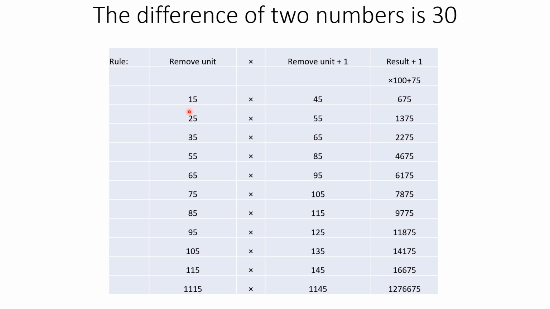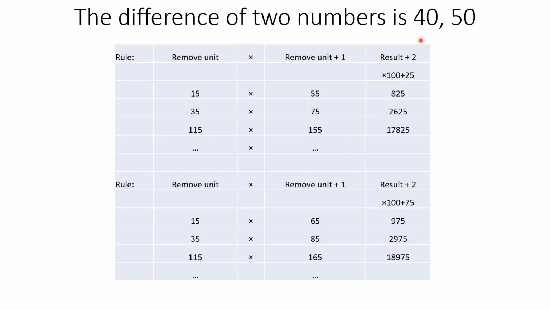Same thing here, 25 times 55, remove both 5's from the end, 2 times 5, then add 1 to the bigger number, so 2 times 6, 12, add 1, 13, end it with 75. 35 times 65, remove the 5's, then multiply 3 times 7, because 6 plus 1, 7. 3 times 7, 21, plus 1, 22. 22, and it was 75.